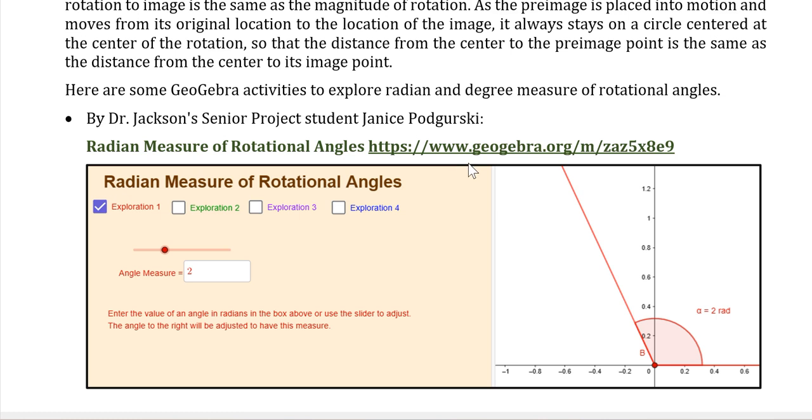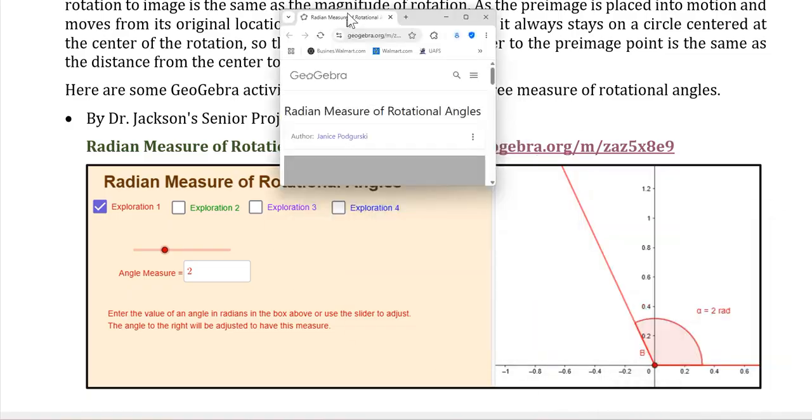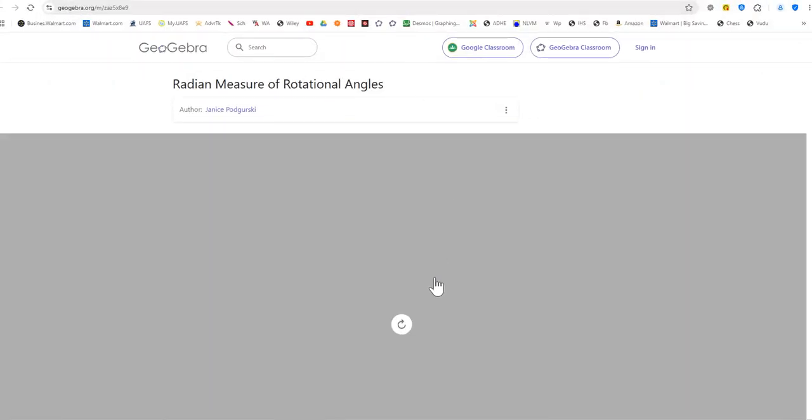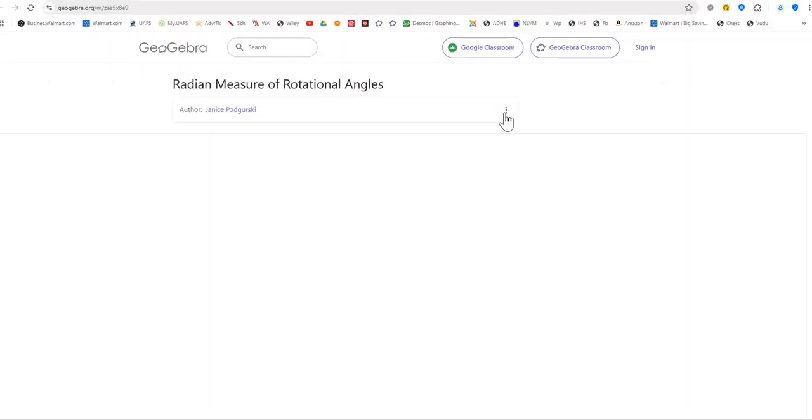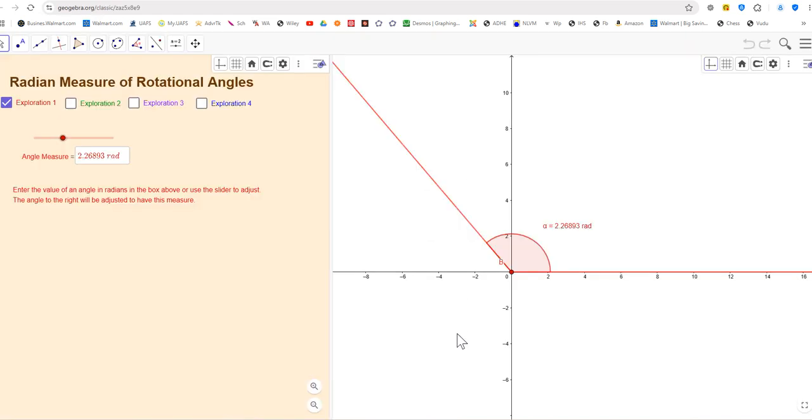So let's take a look at this one right here and use this to generate some illustrations here. I'm going to open this in the app. Okay, so it has some explorations here.